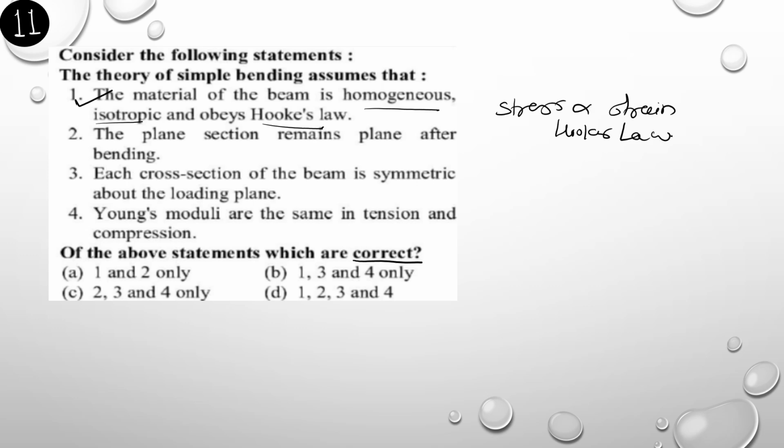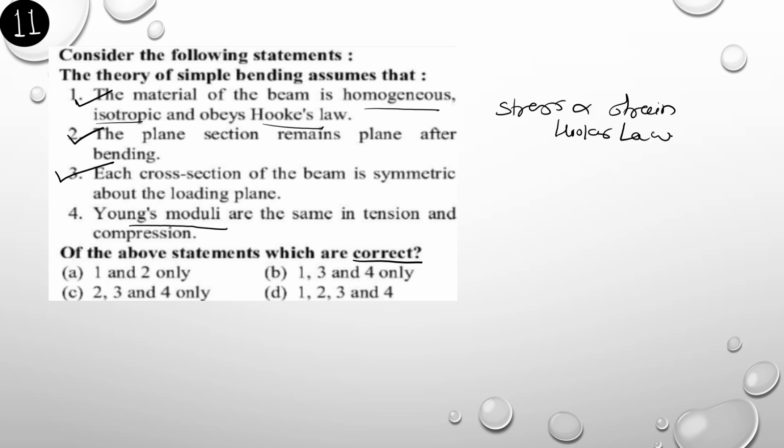Then next, the plane section remains plane after bending. This is also correct. Then third, each cross section of the beam is symmetric about the loading plane. This assumption is also correct. Then Young's moduli are the same in tension and compression.